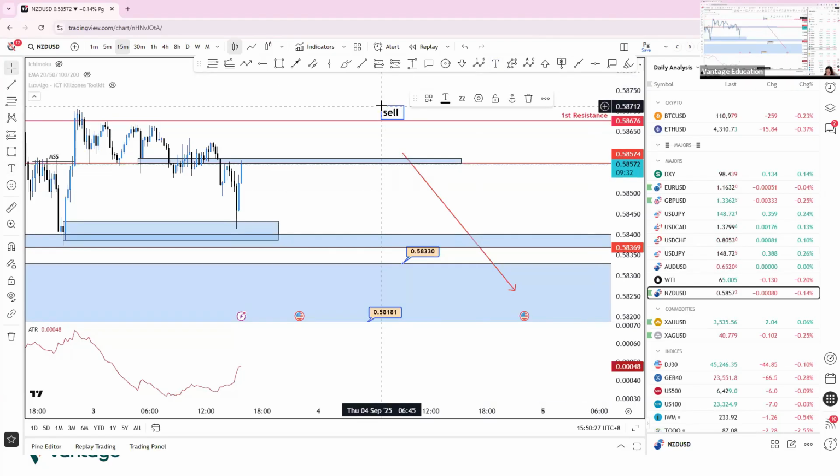Let's say we sell at 0.58574. Okay, I will set SL and TP. Let's say SL would be 40. I'll just use ATR 40.